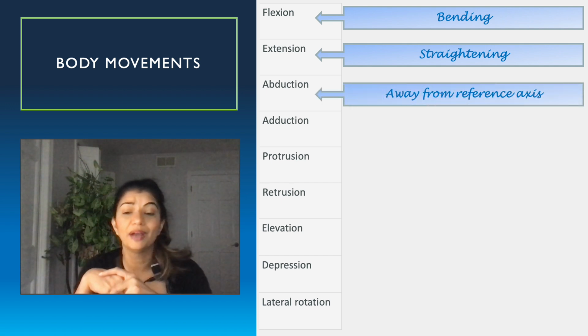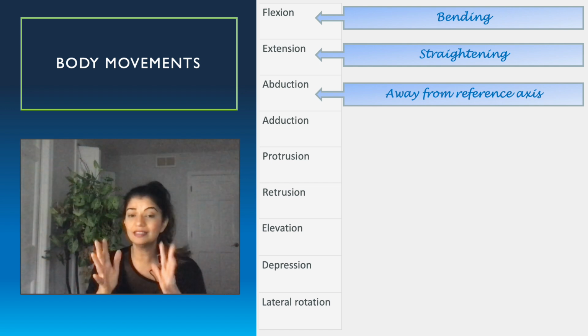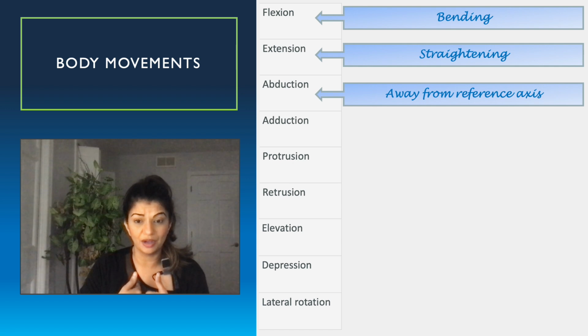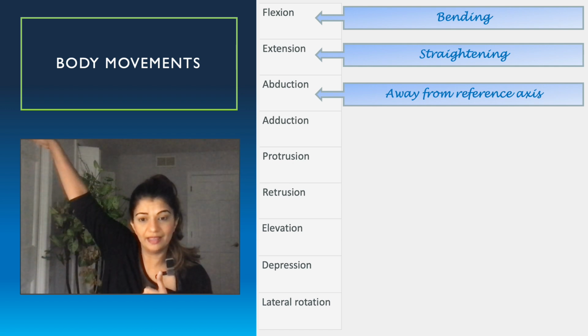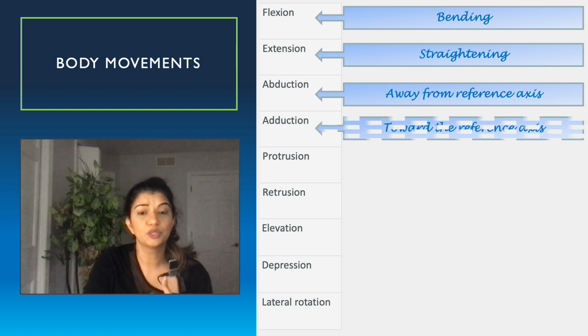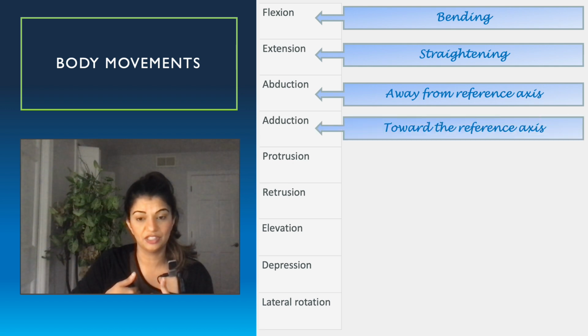Abduction is going to be away from the reference axis. Now, this is going to be a bit tricky. If your reference axis is the anatomical position, say the middle, then abduction would be moving away from that, right? It would be like my arm moving away. This is abduction. And adduction would be coming towards the reference axis, which is the median.